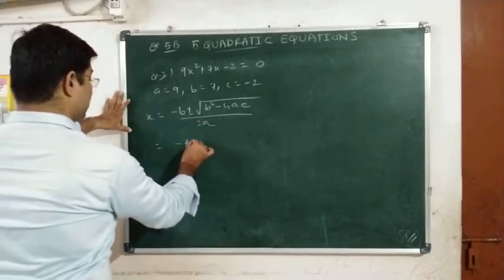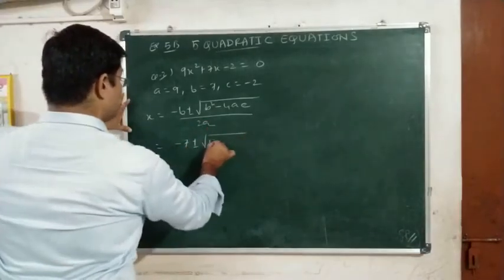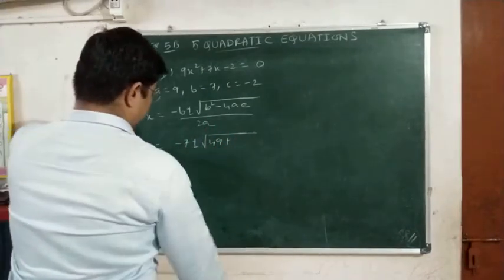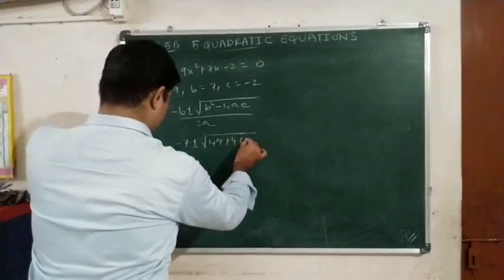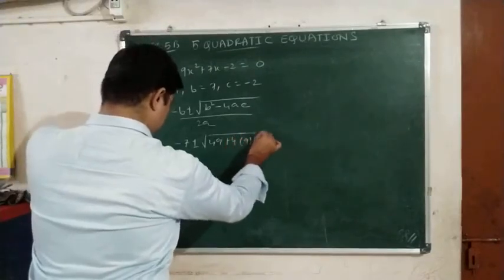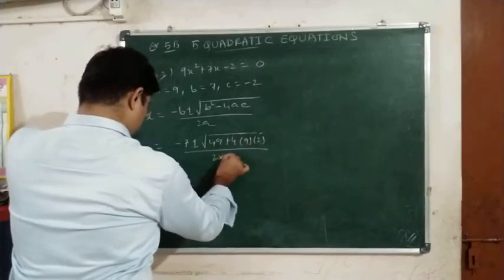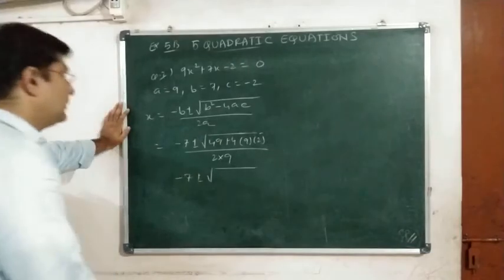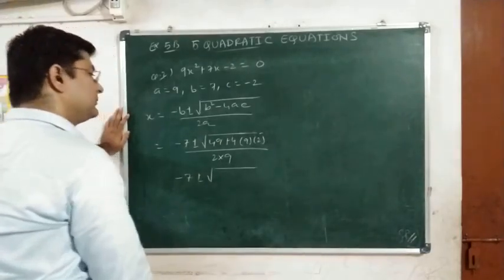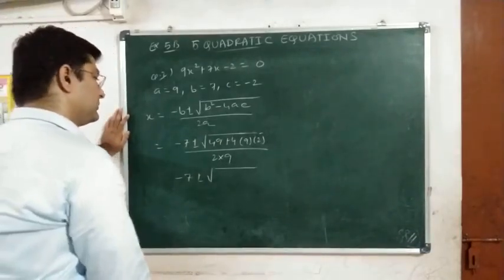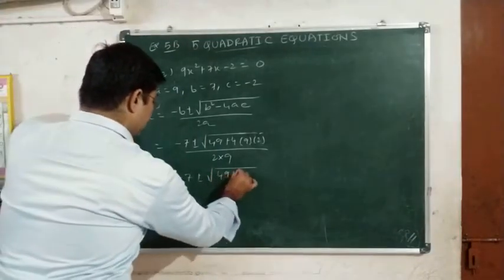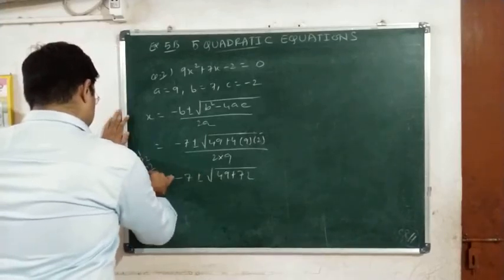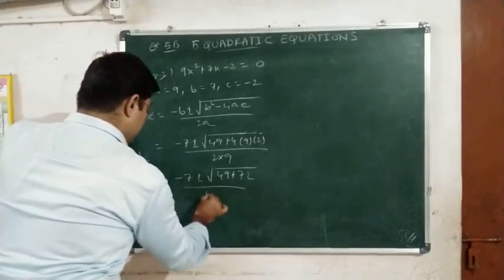So minus 7 plus or minus square root of 49 plus 4 into 9 into 2, upon 2 into 9. 49 plus 72 is 121.